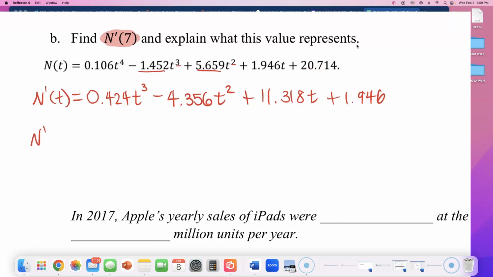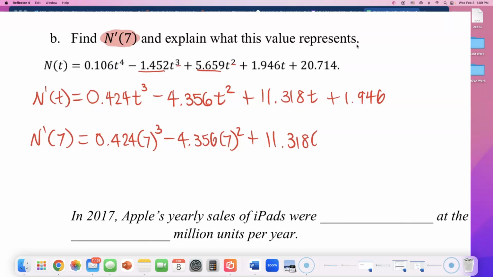Now let us plug in 7. So what happened in 2017? That's what we're doing. So this is what you want to type into your calculator. Just plug the 7 into the t.